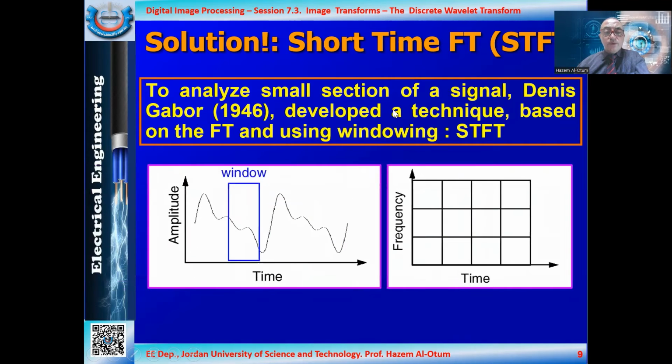In this case, we divide the time and frequency into small windows, and let this window move in time, and we record the frequency content of this window. So we divide the time into short time windows or intervals, record the frequency of these small windows, and sketch this in a time-frequency grid as you see here.